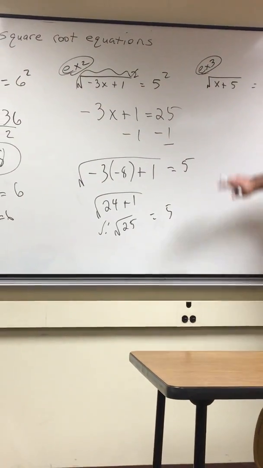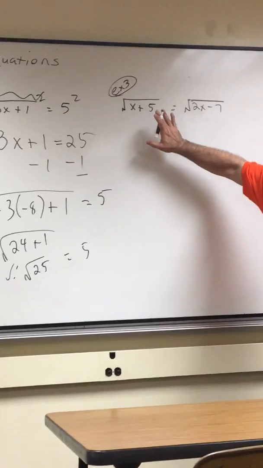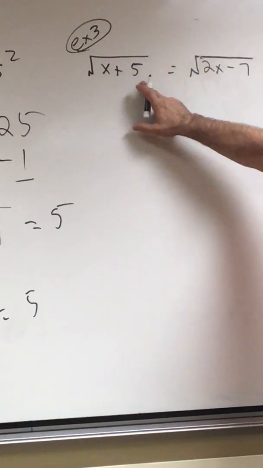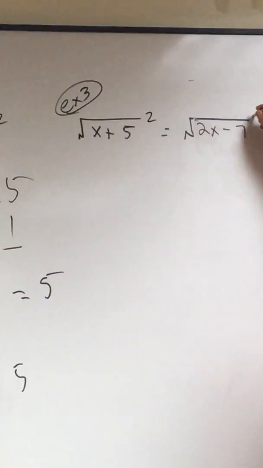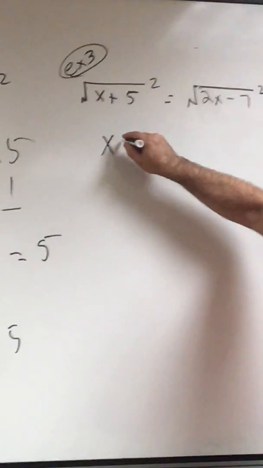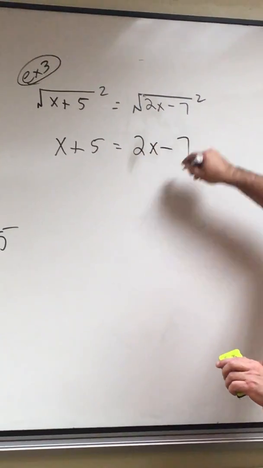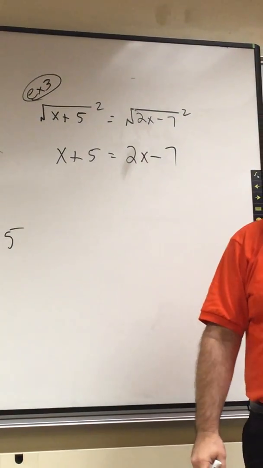All right. What do you do if you have 2 square roots? Luckily, they're both by themselves. So we square both sides. We square it, we square it. Both square roots will cancel. X plus 5 equals 2x minus 7.